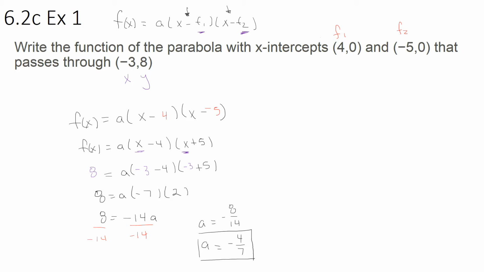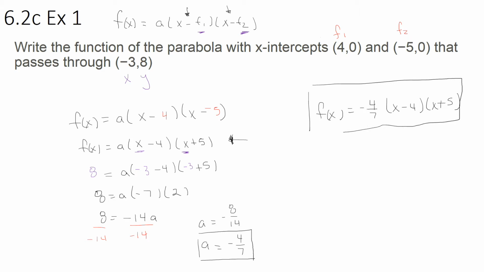Okay. So now what we're going to do is plug in our value for a into this equation right here. Okay. So we have f of x is equal to negative 4 over 7, x minus 4, x plus 5. And that is the equation for a parabola that passes through the point negative 3, 8 with intercepts of 4, negative 5.